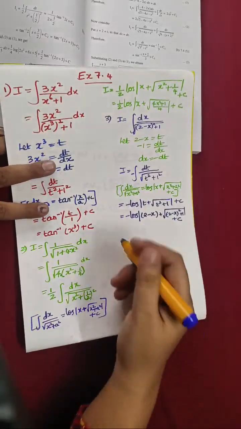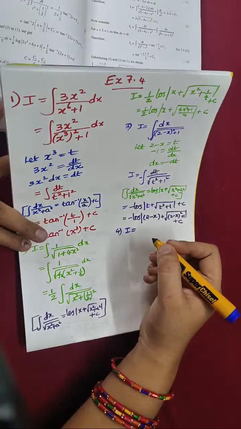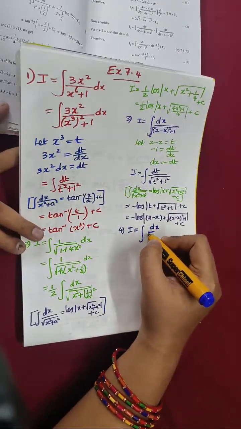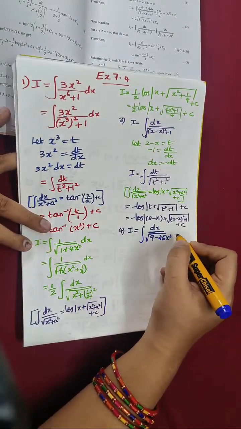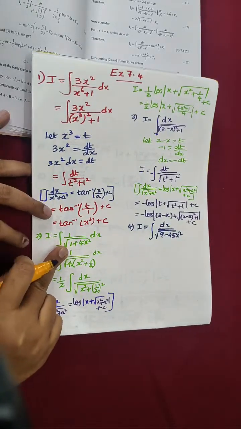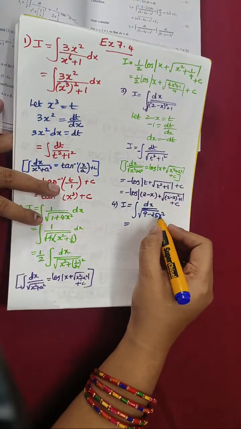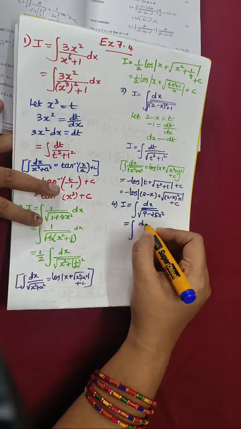Question number 4. Integral dx by root of 9 minus 25x square. Like how we have solved the second question, the same process we are going to apply. And we have 25 as the coefficient of x square. Minus we don't need to worry.